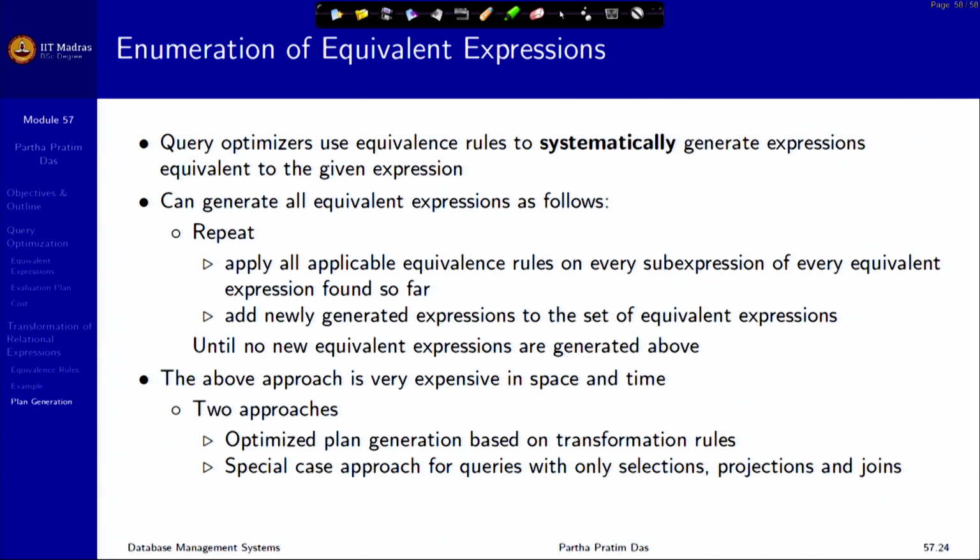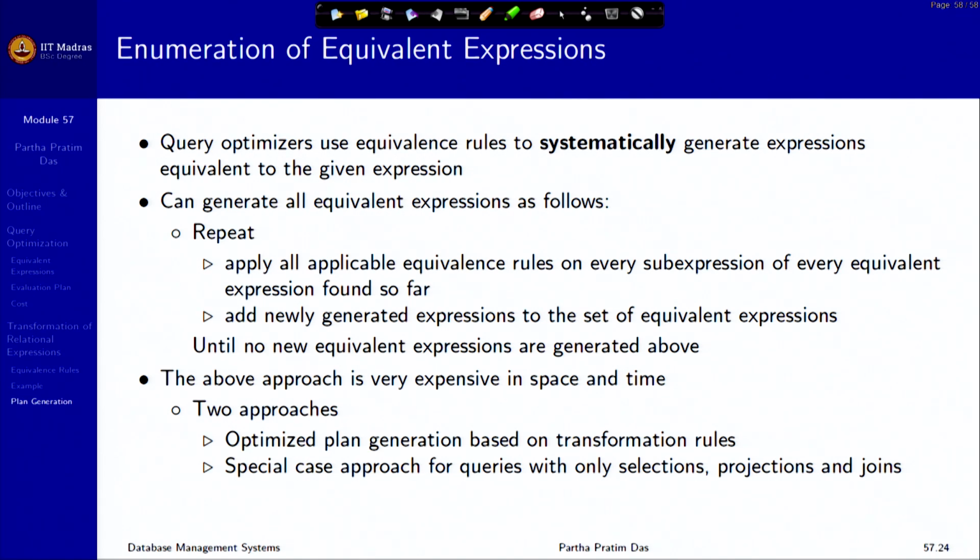We can generate all of them by enumeration, apply all applicable equivalence rules on all sub expressions of all equivalent expressions found so far, and keep on generating till you do not have anything new getting added to the set, right. Brute force method, which will obviously be exponential and therefore very expensive, both in terms of time and in terms of space. Obviously, you are optimizing the query.